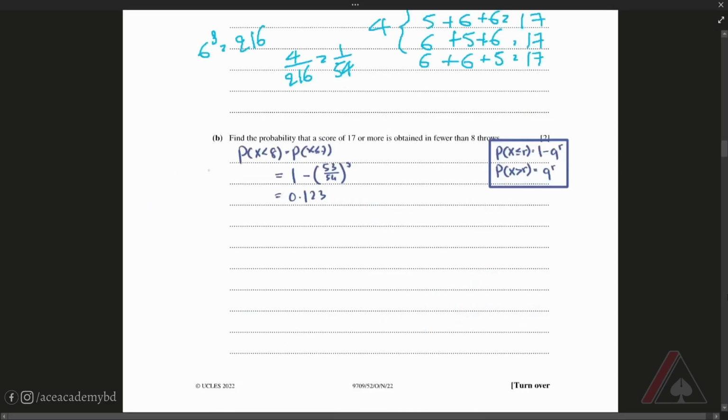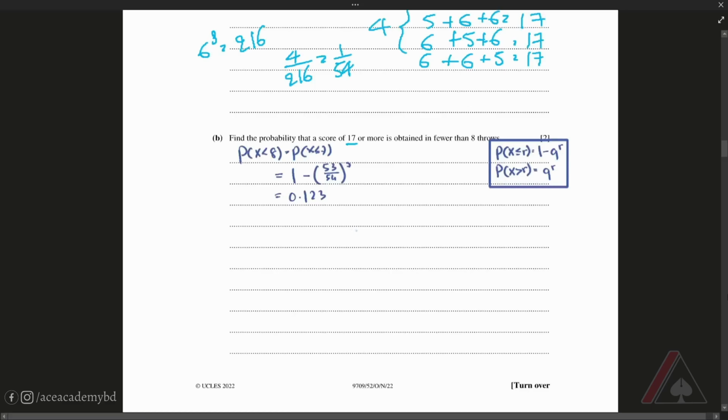Now in the next part it says find the probability that a score of 17 or more was obtained in fewer than 8 tries. So fewer than 8 tries, that means it was 7 tries or fewer. So how do we find that?